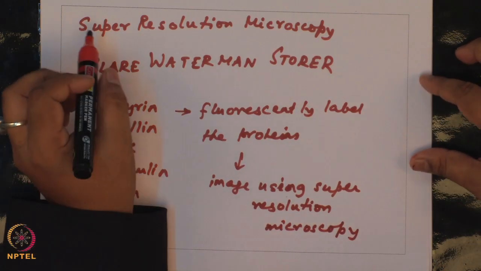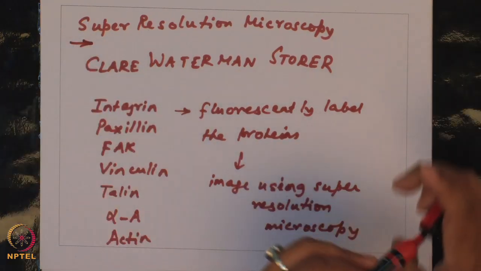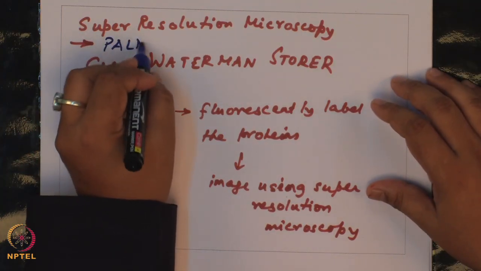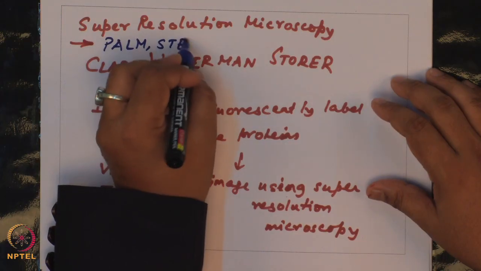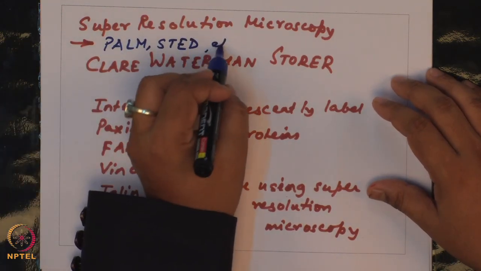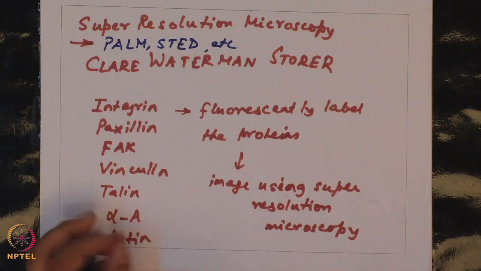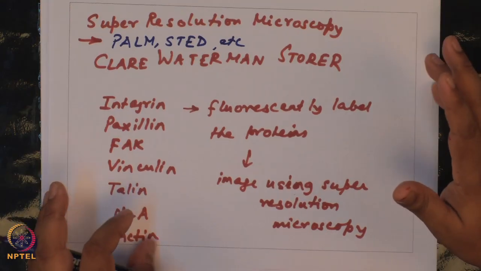There can be different types of super resolution microscopy. Some of them are, for example, PALM, STED, etc. These are various techniques wherein you can image cells in super resolution.